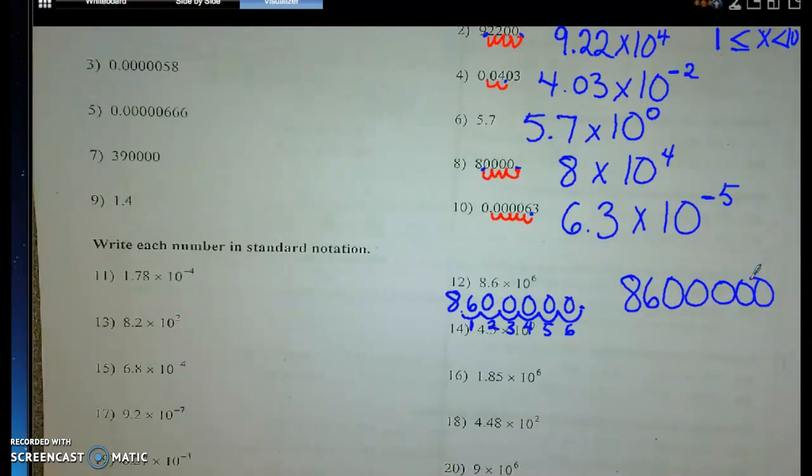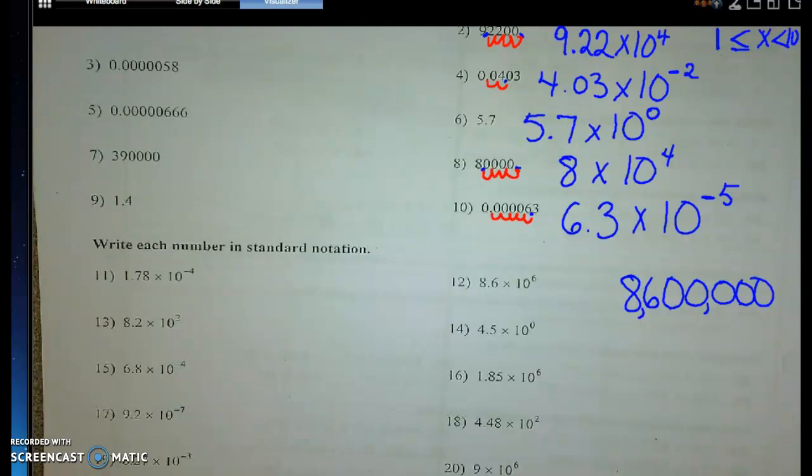Okay, our commas coming back. 1, 2, 3, comma, 1, 2, 3, comma. So we have 8,600,000. Now, while the swoops may help us with figuring out our answer, we want to write our answer without the swoops.